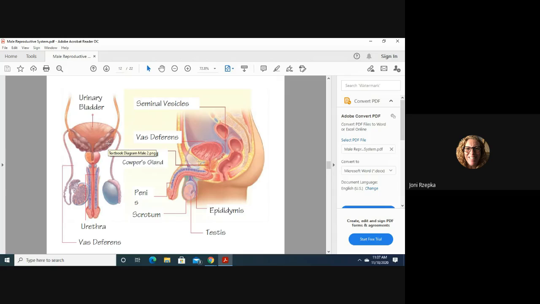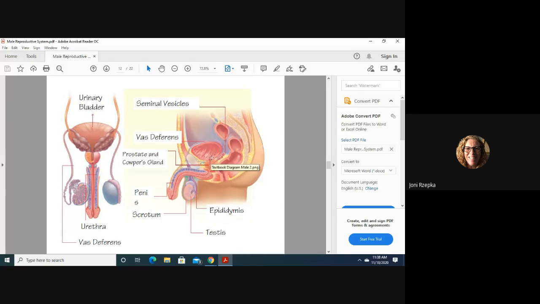So when I looked at this, it kind of looks like Marge Simpson's hair on The Simpsons. And the Simpsons start with S, and so does seminal vesicle. So I did a memory of a cartoon and a play on letters. And then Marge is a mother who nourishes her children, and the seminal vesicle adds a nourishing fluid to the sperm to keep it healthy.